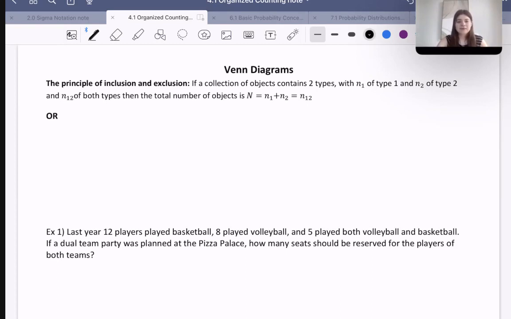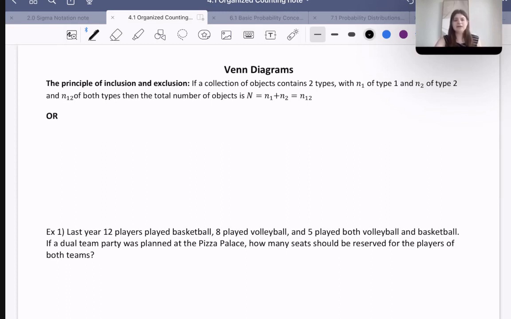However, there are times when that's not the most accurate, because what if there are two different types of objects, but certain objects apply to both or neither? That's something we didn't take into account here. This one's just saying it's as simple as adding two numbers, which isn't really true in those situations, right?